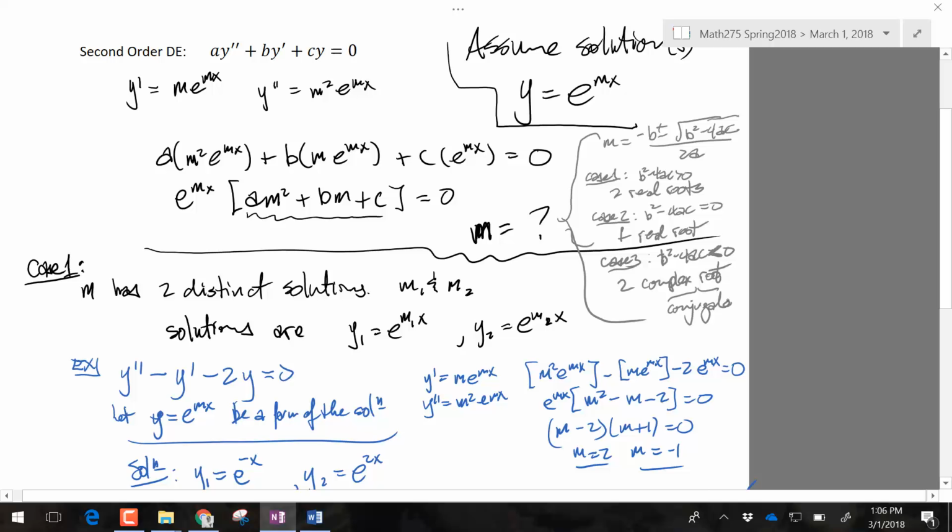These roots are called conjugates because there's a real part and an imaginary part. The two complex numbers have the same real part and the same imaginary part, and the only difference is that one's a plus and one's a minus.